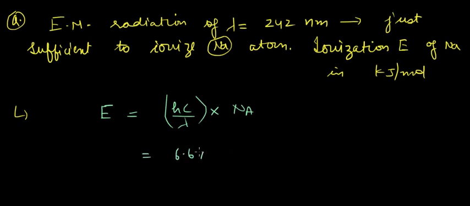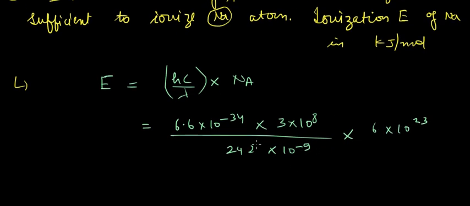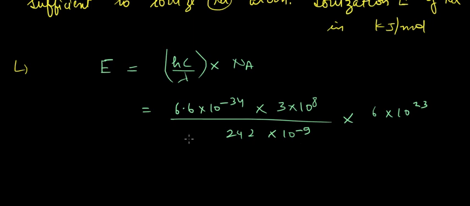So I can put the values in place: h, c, lambda is 242 × 10⁻⁹, multiplied with 6 × 10²³, which is Na. So one way of calculating that is this.